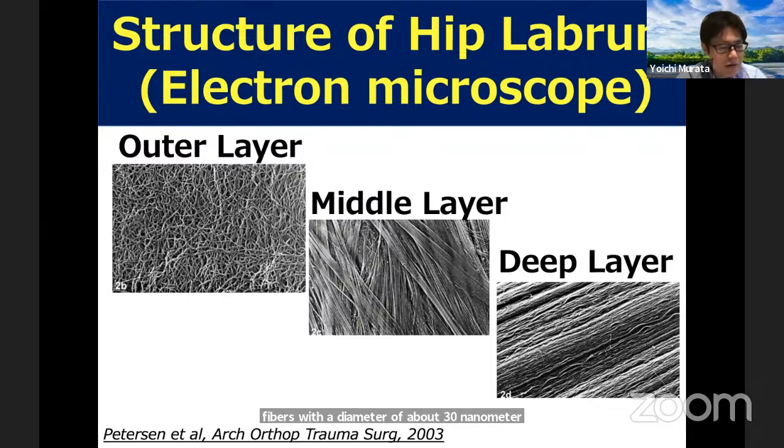The underlying layer, 200 to 300 micrometers deep, contains packed bundles of collagen fibers with diameters ranging from 100 to 130 nanometers, oriented in different directions along the longitudinal axis. The remaining majority consists of dense fibrous tissue with collagen fibers running in a circular pattern.